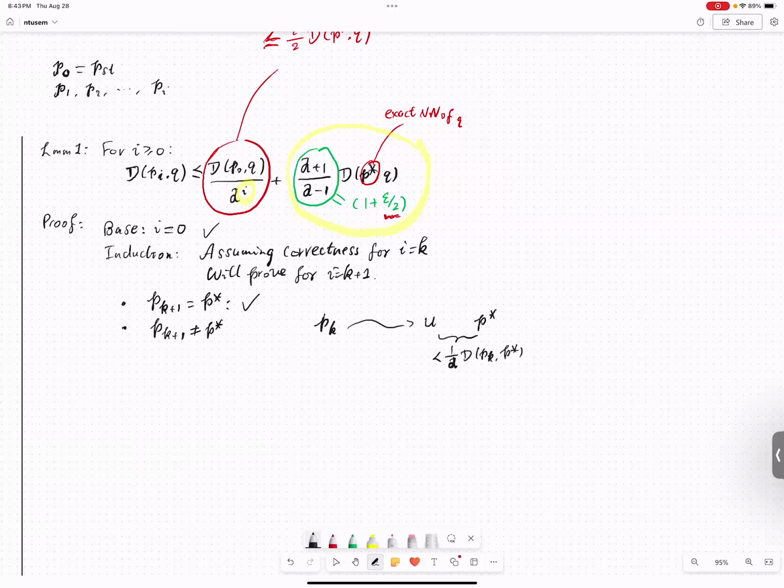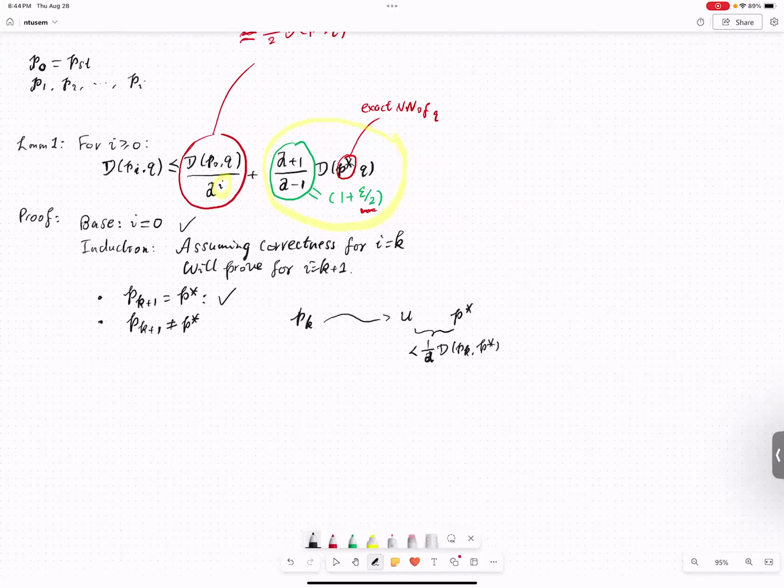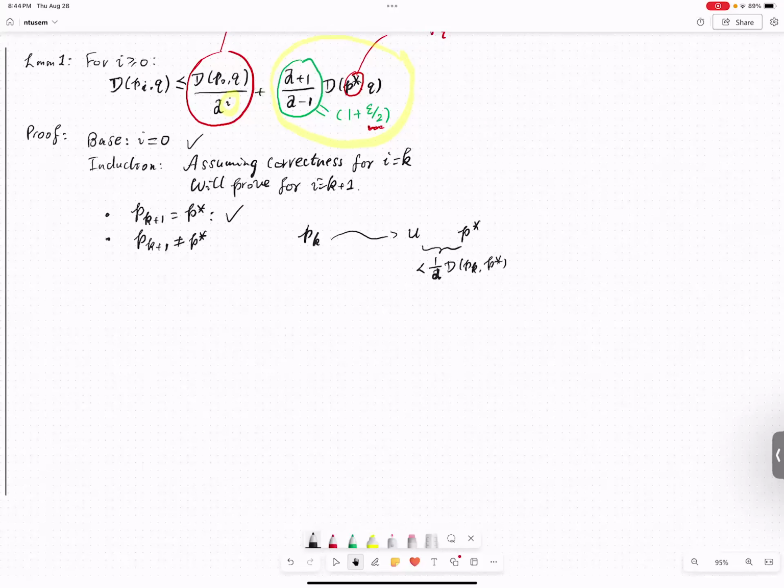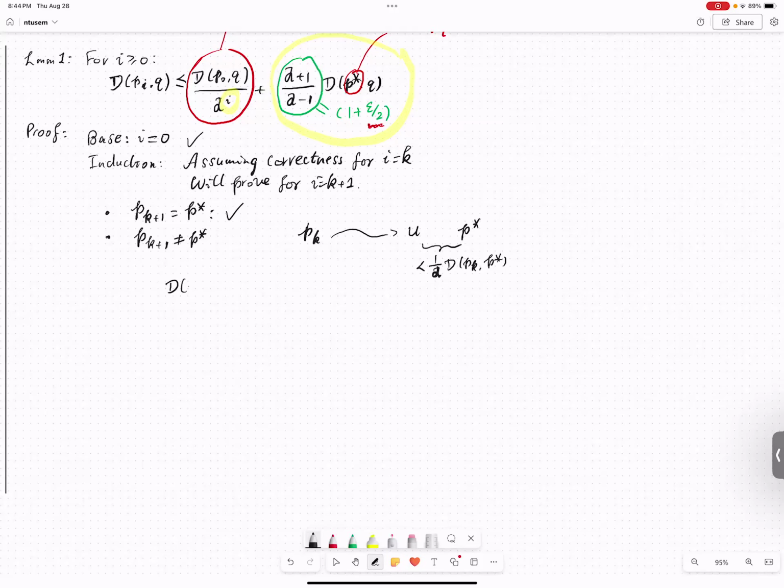So this is what's happening. Now let's start a string of derivation. Here we've got d(p_{k+1}, q). This is something we need to place an upper bound on eventually.